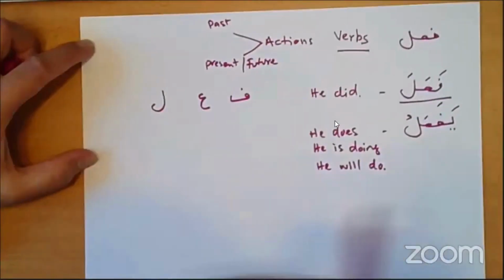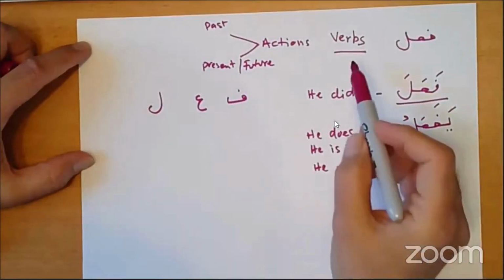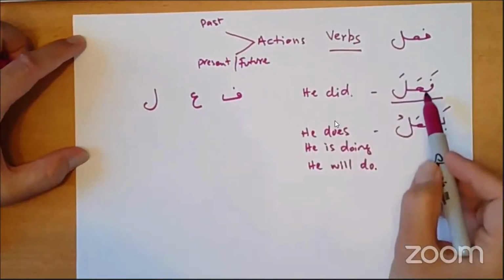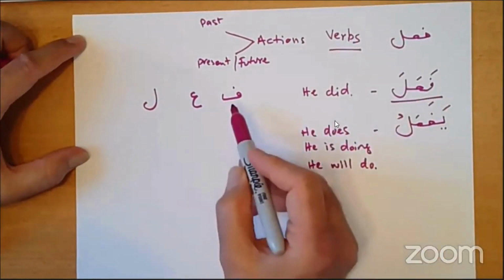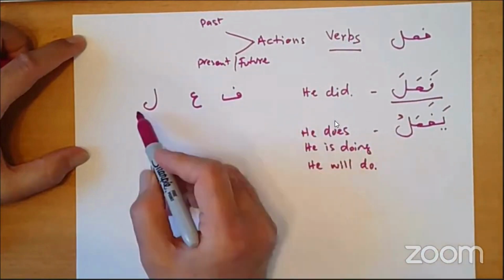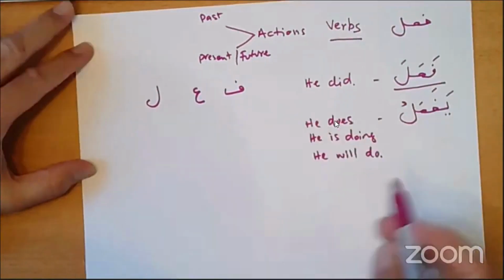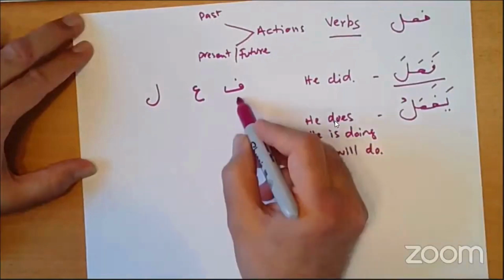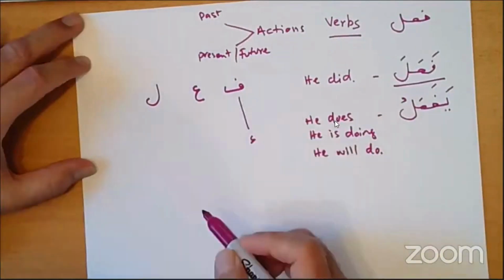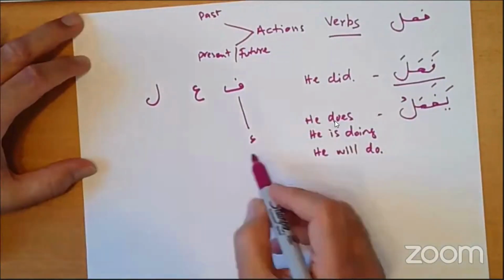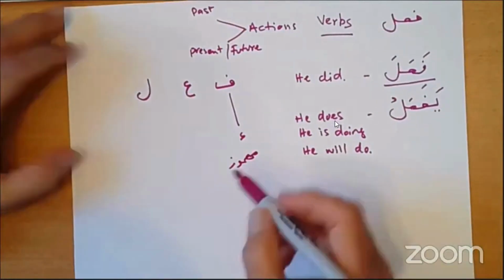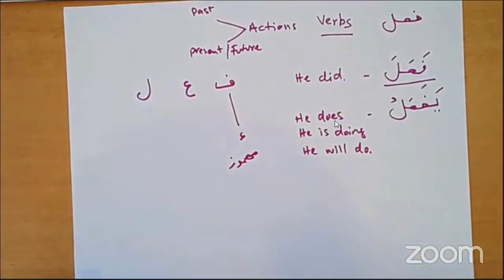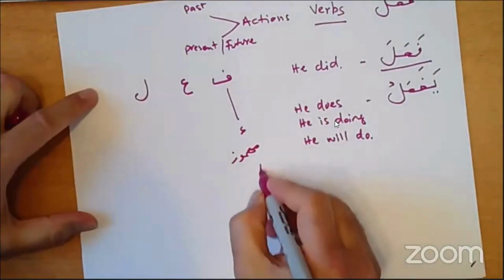All right. So when we are dealing with verbs, we have the pattern called fa'ala. The meaning is he did. And the root letters are fa, ain, and lam, right? So if we have hamza in the position of fa, then we call it mahmuz. Everybody understand that part? And what do we call it? Mahmuzul fa.